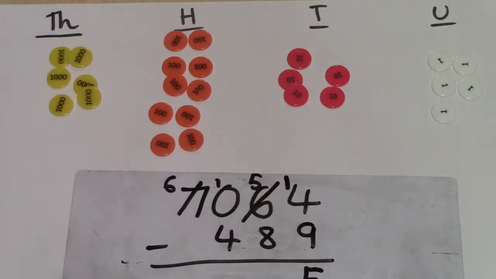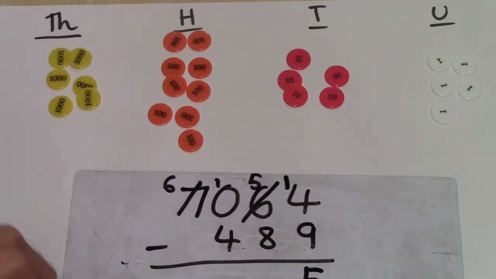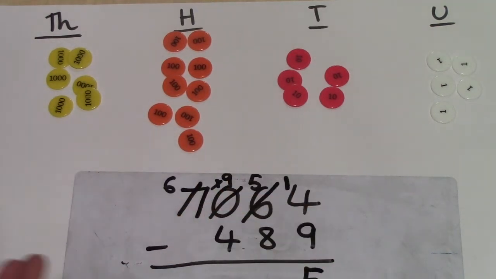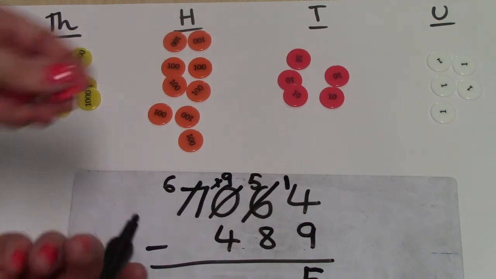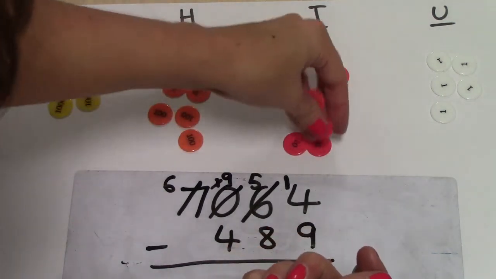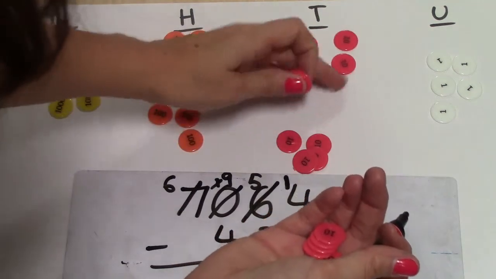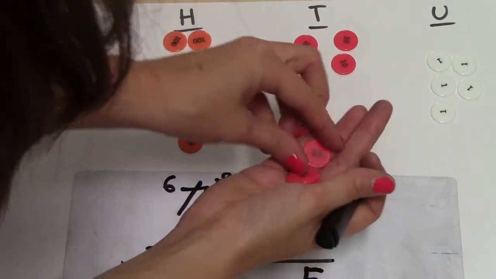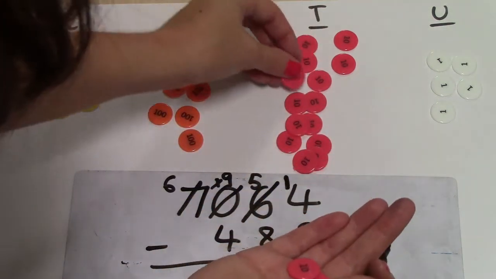So I've got 10 hundreds, and now I can borrow one of those hundreds and exchange it for 10 tens. I'm going to get rid of one of these again. So now I've only got 9 hundreds left, and 1, 2, 3, 4, 5, 6, 7, 8, 9, 10.